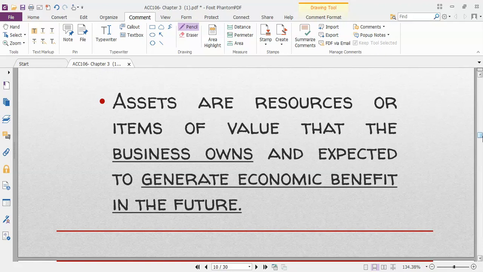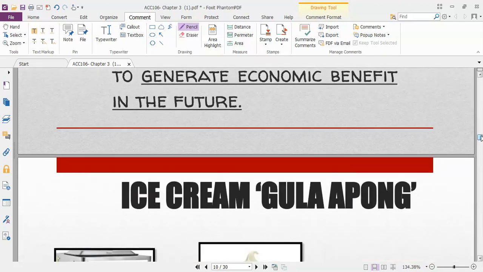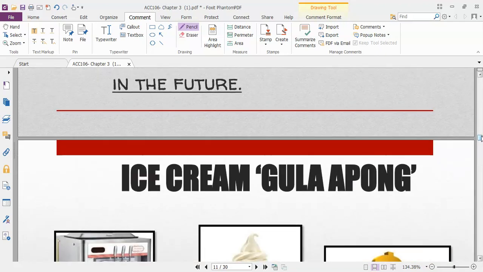So, laptop adalah aset kita. Disebabkan ada laptop, kita boleh menjual ataupun selling our product online. Okay, bila kita jual produk online dan we get revenue. Okay, revenue hasil itu adalah economic benefit lah. Economic benefit in the future. Itu maksudnya asset.